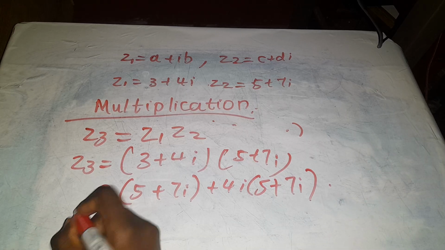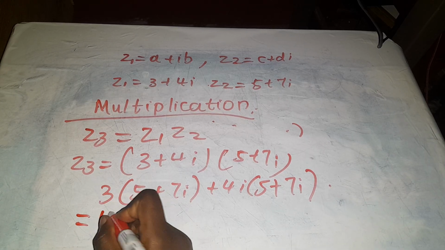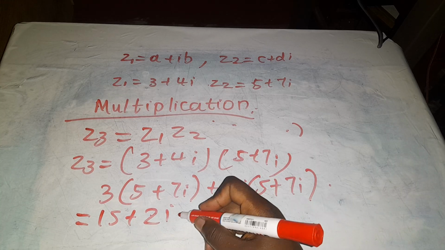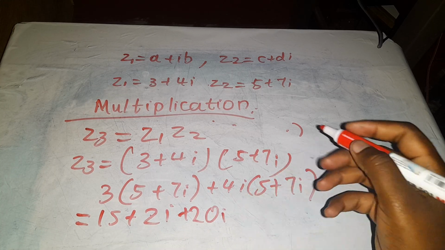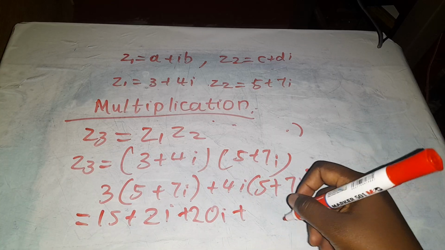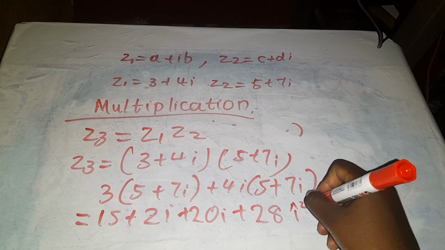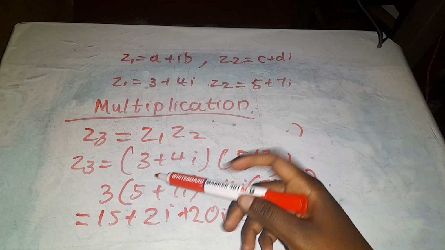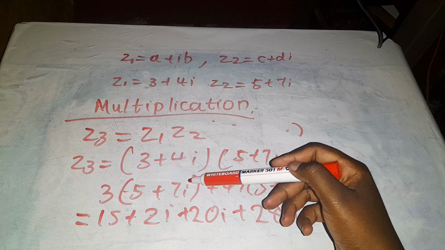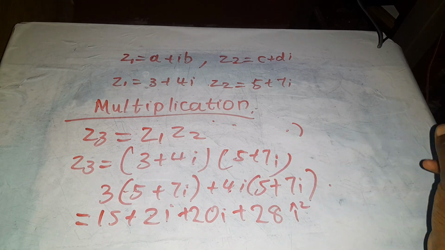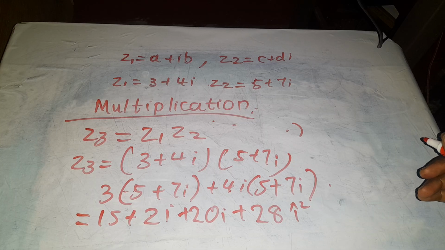So you're going to have 15 plus 21i plus 20i plus 28i squared. This is 15, this is 21i, this is 20i, this is 28i squared. And i squared is equal to -1.